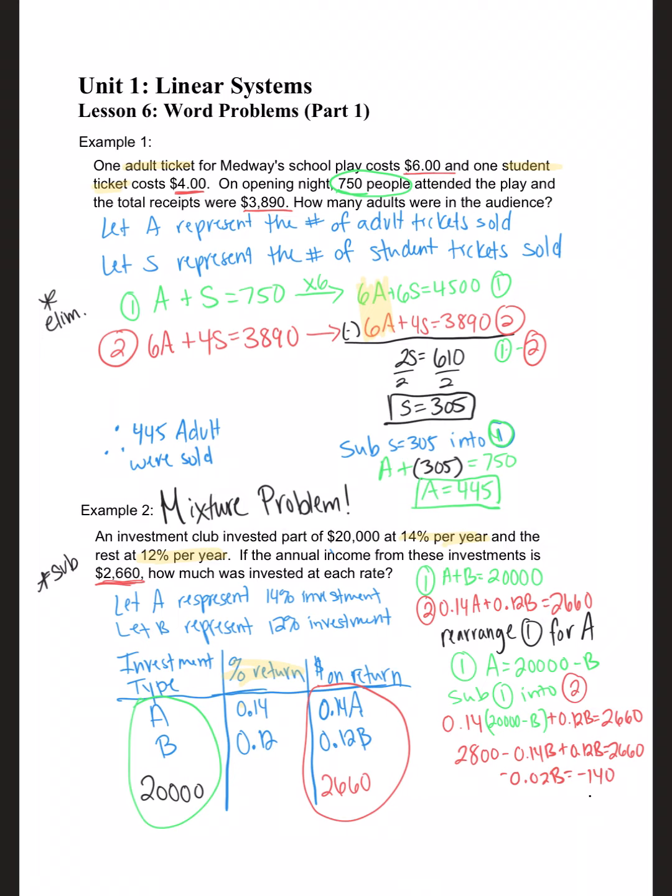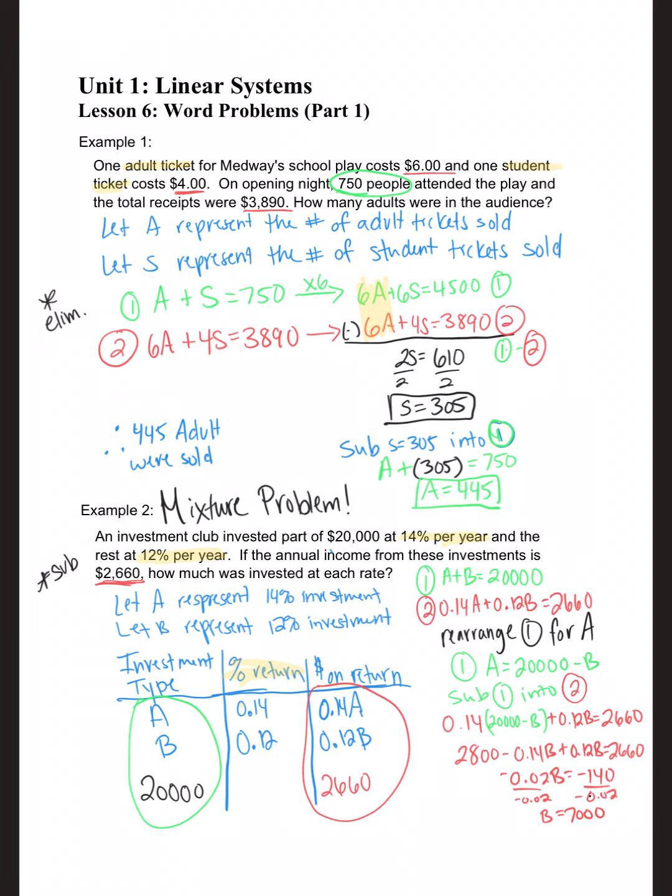And then we'll just divide both sides by that negative 0.02. So B will equal 7,000. Okay, I'm running out of room a little bit here. We will try to squeeze in this last little bit, so we need to figure out what A equals.